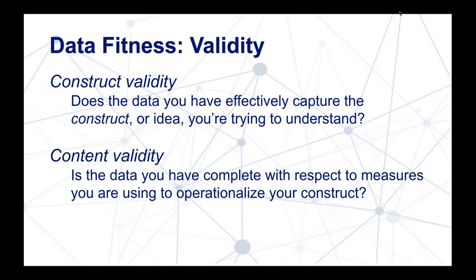And then content validity is the other half of that, which is basically saying, is the data that we have complete with respect to the thing that we're trying to operationalize? So let's say that I think that the best school in my area is actually the one where students are most satisfied.